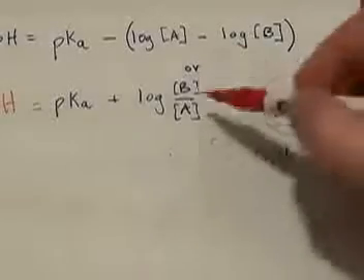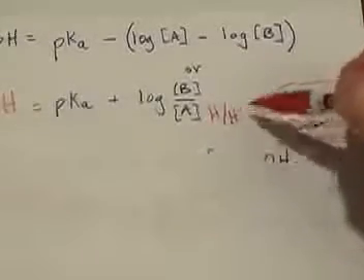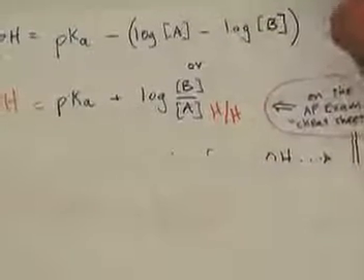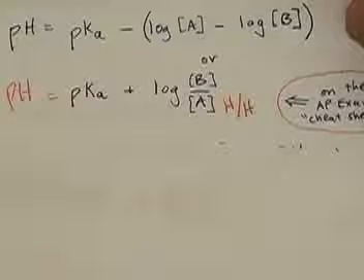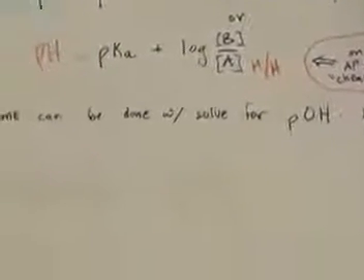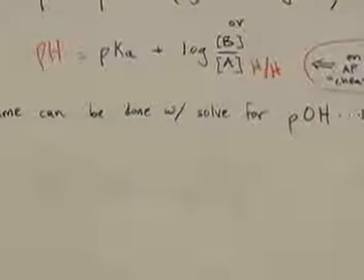This equation is called the Henderson-Hasselbalch equation. You can also solve the Henderson-Hasselbalch equation for buffers to find directly the pOH.